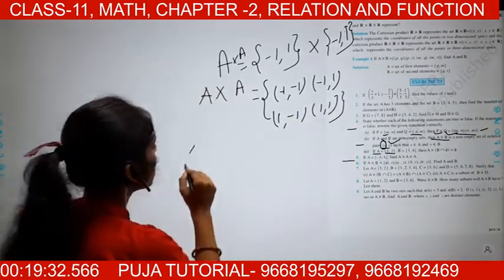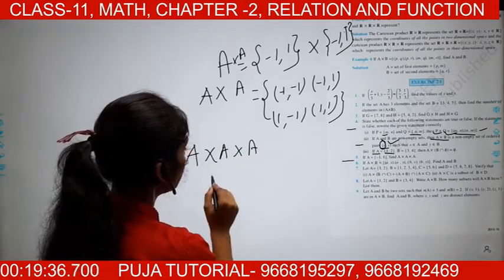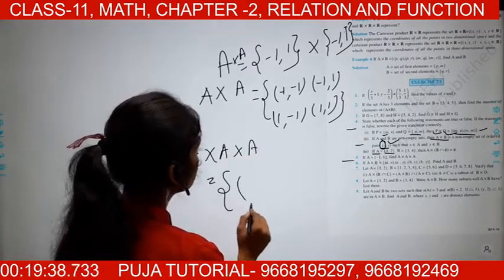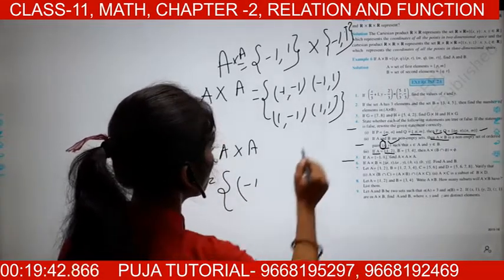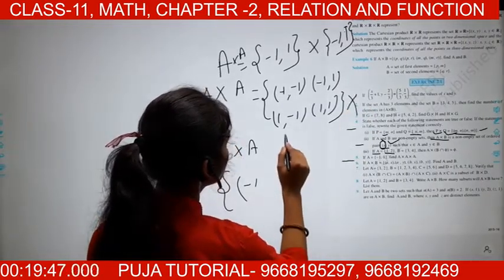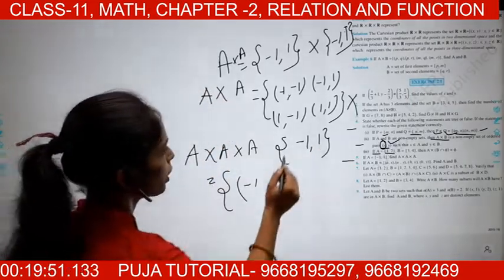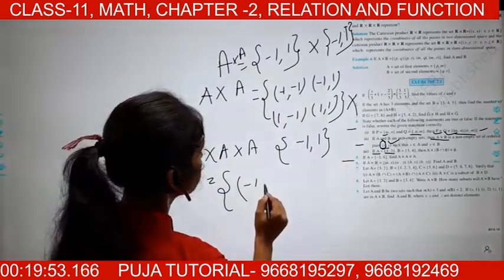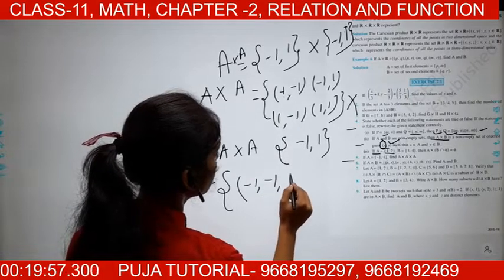Now what I have to find out is A cross A. Then what will be the answer? -1, -1, -1, 1.